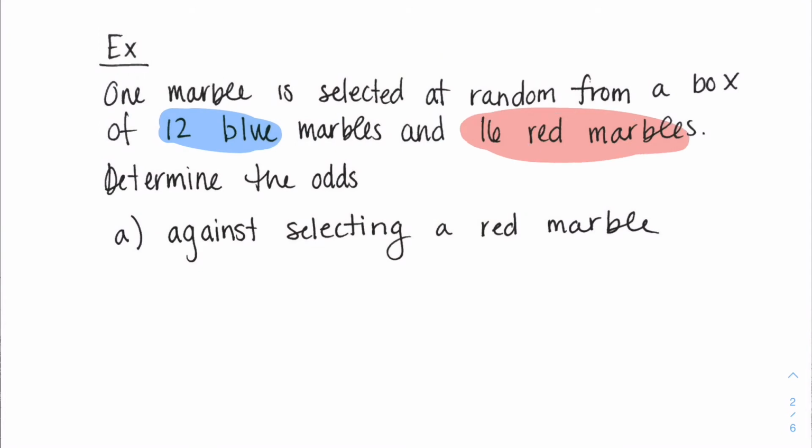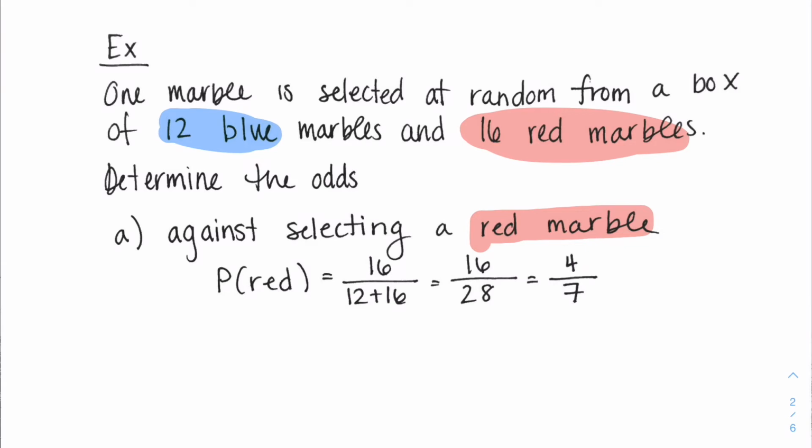So first thing we want to do is determine the odds against selecting a red marble. First thing we've got to do, we've got to find the probability of getting a red. There are 16 red marbles. So that's our possible chance. These are the events that are favorable to our outcome. And then in the bottom, we need to look at our total possible outcomes.